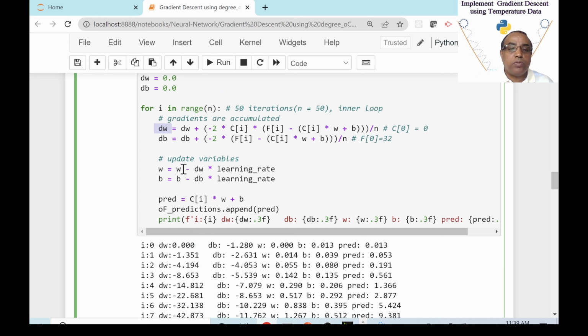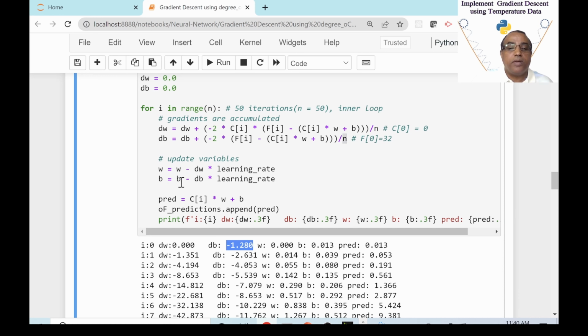How about w? w is also 0 because this one was initially 0, this part is 0, so we have w as 0 over here. Okay, how about dB? The initial value of dB is 0, degree Celsius is 0, this part is 0, but in this part minus 2 times 32 becomes minus 64, and minus 64 divided by 50, so dB should be minus 1.28.